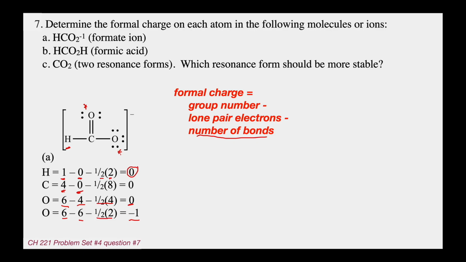Now, when you do the formal charge analysis, you should step back for a second and see if your answers make sense. The sum of all the formal charges will equal the charge on the molecule, if any. And this thing does have a charge. It's -1. So you can see that 0 plus 0 plus 0 plus -1 is -1. That means that this is a good Lewis structure.